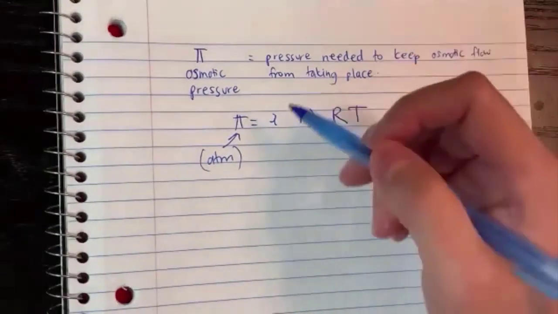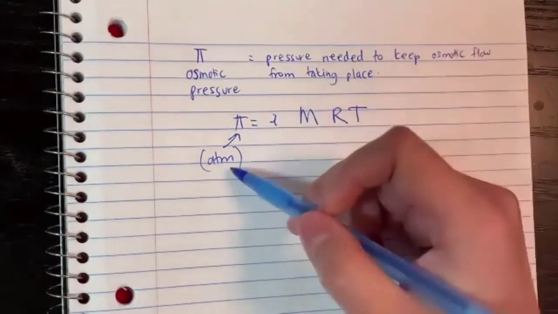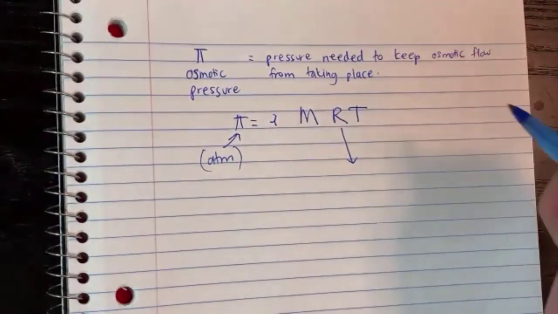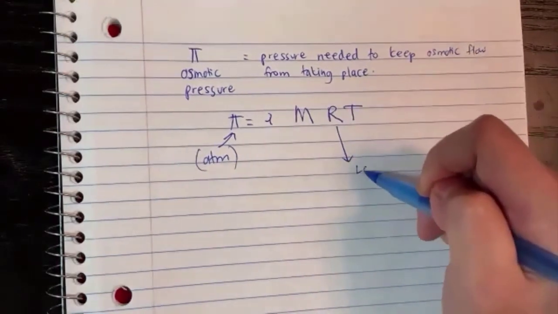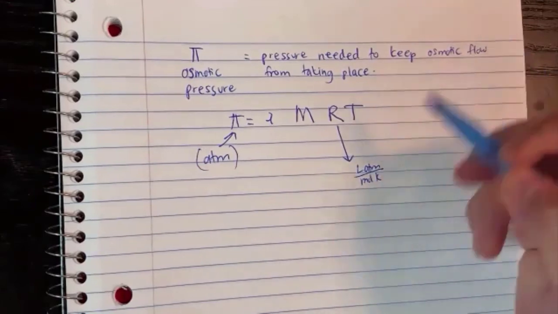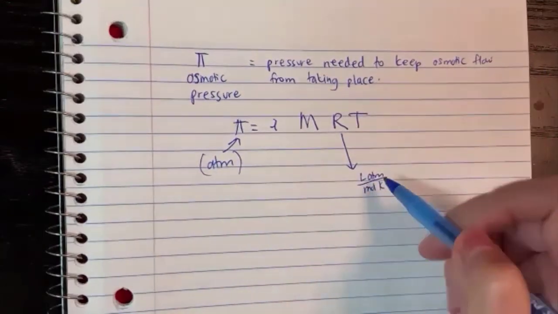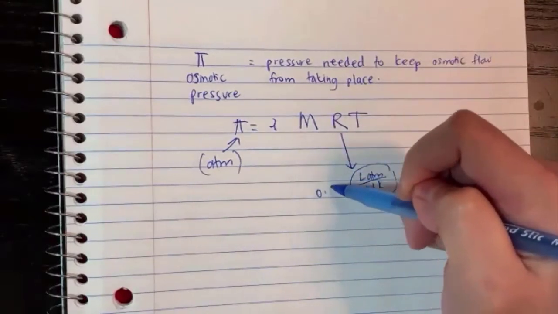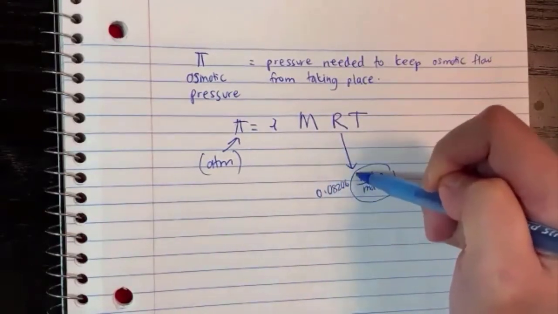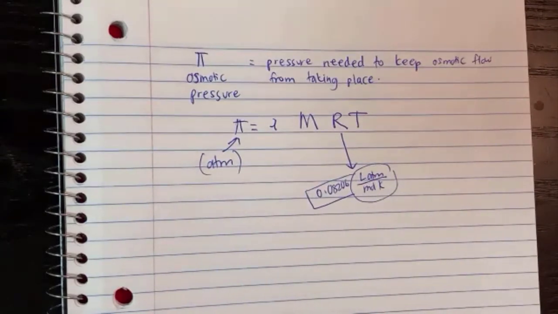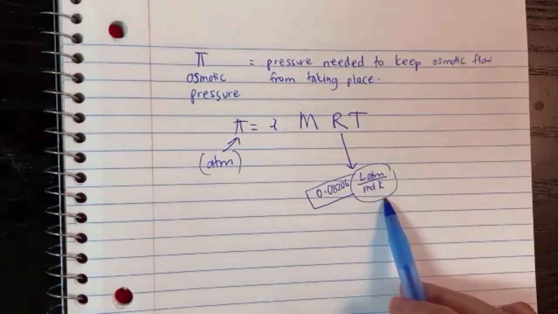They'll give you torr, millimeters of mercury, whatever, but you will use atm because R is your gas constant, and the unit for the gas constant is liter atm per mole Kelvin. So you have to match your units with this. And remember the constant is 0.08206. If you don't remember that, it will be on your periodic table, but you should recognize this is the gas constant.